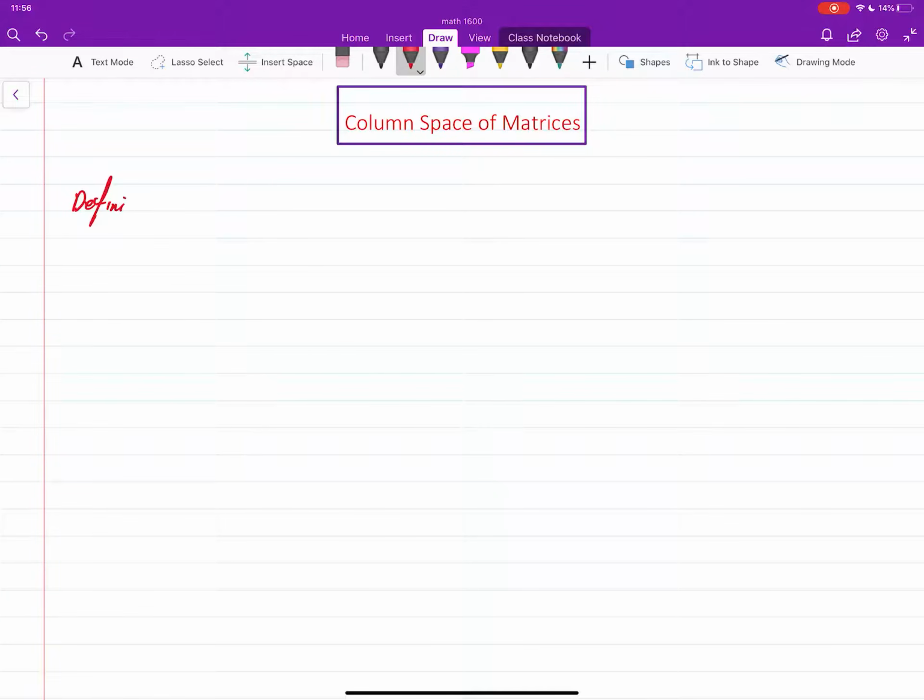The definition is straightforward and we start for any matrix. Let A be an m by n matrix.